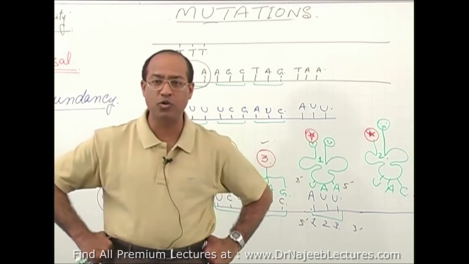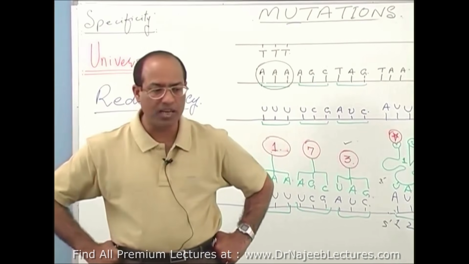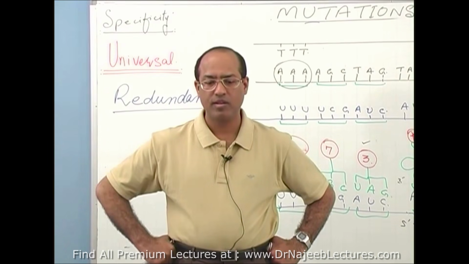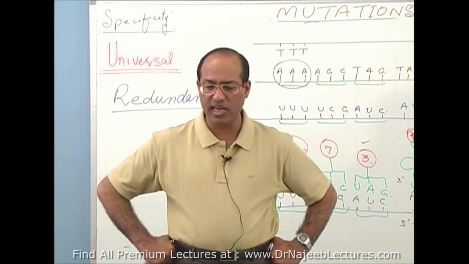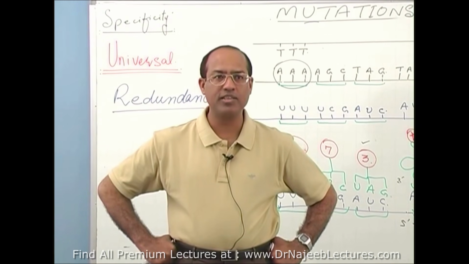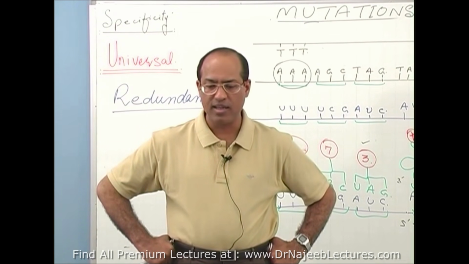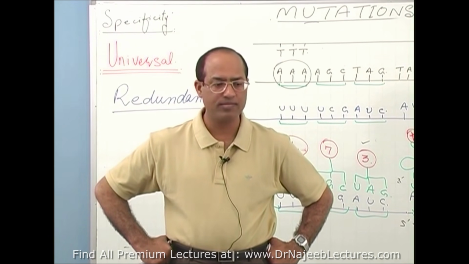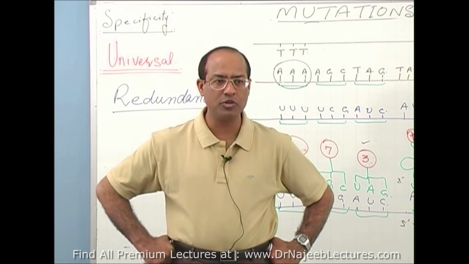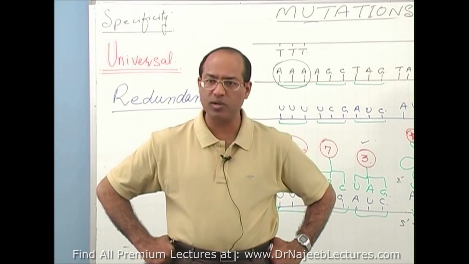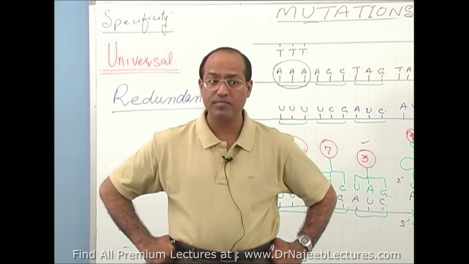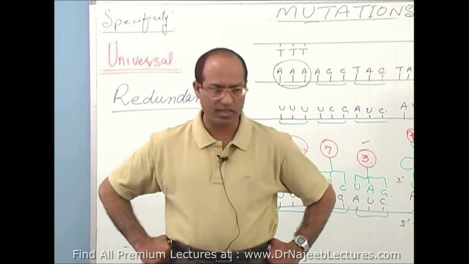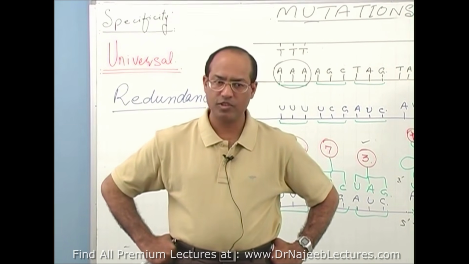Wobble hypothesis is that when you are matching codons of messenger RNA and anticodon of transfer RNA, as far as messenger RNA is concerned, first and second nucleotide bases should adjust with the third and second of anticodon in a very traditional fashion. Third may or may not adjust. Is it clear?